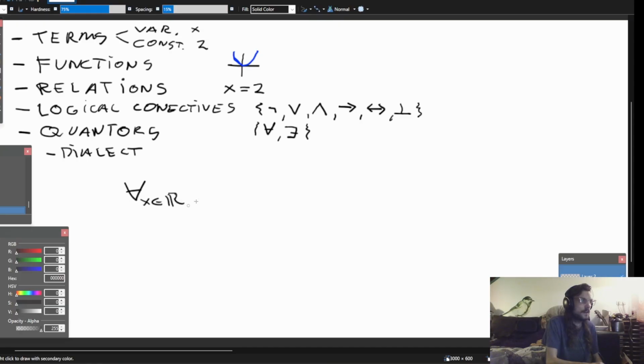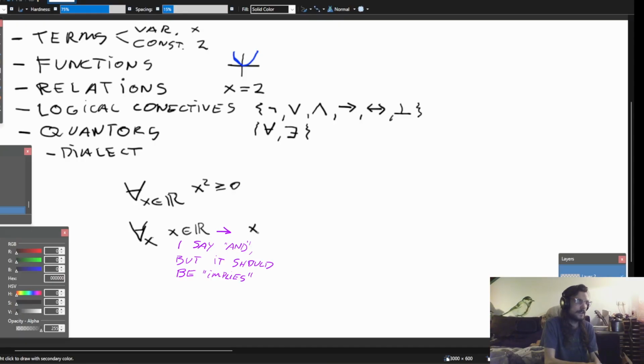All x in R, it holds that x squared is larger equal 0, which indicates that the square is always positive, because if you square a negative number, you get a positive number out of it. And this is actually not logically how you would write this down when you're defining quantors. When you start defining quantors, usually you write it like this: all x, and then x in R, and x squared larger equal 0.